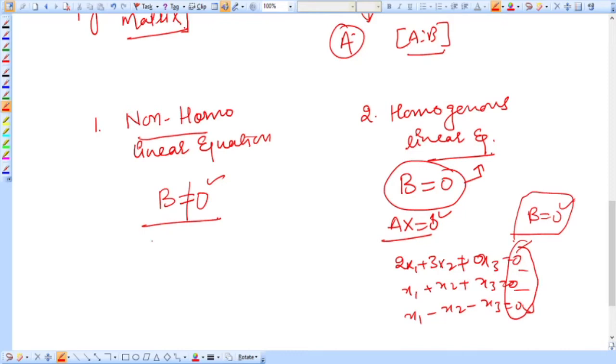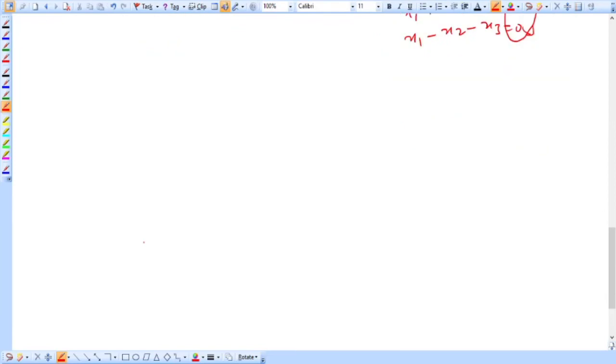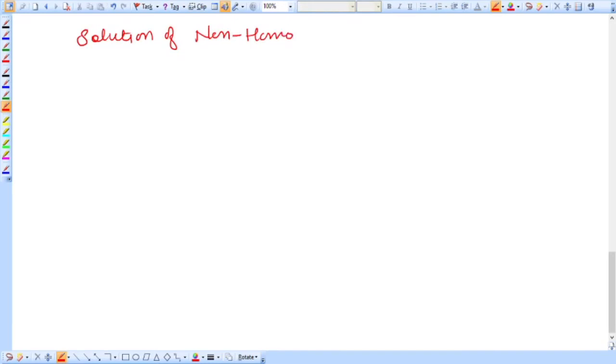Firstly we will try to see how to solve non-homogeneous linear equations, the solution of non-homogeneous linear equations.